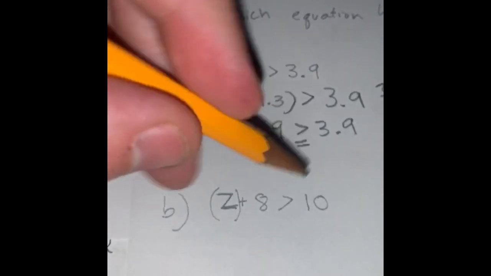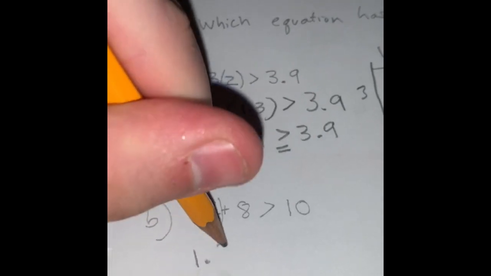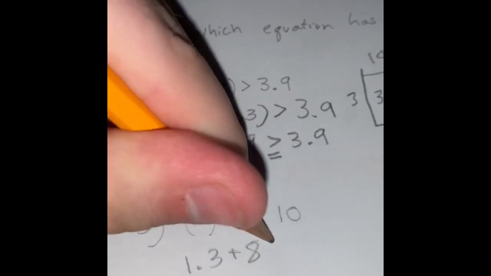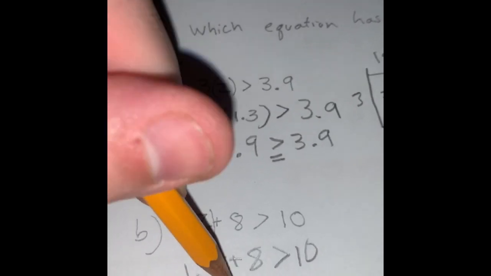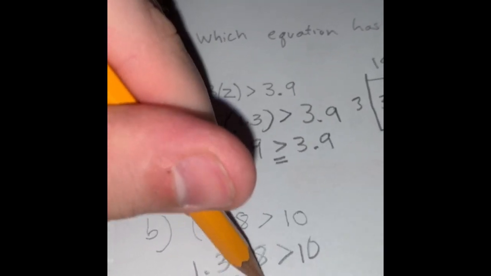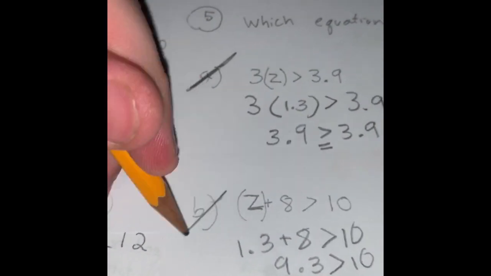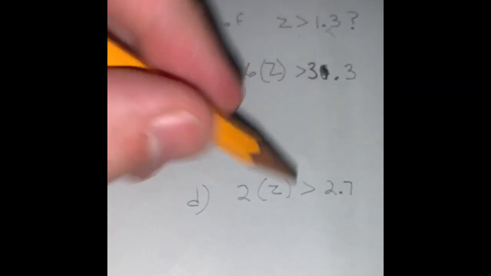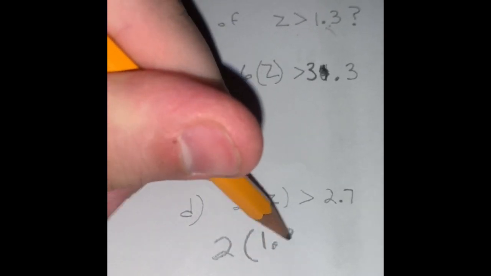So now we're going to go on to B. And once again, we're going to replace z with 1.3 plus 8 is greater than 10. So 1.3 plus 8 will end up giving us 9.3 is greater than 10, which is not true. So B is also incorrect. On answer choice D, once again, I'm going to replace z with 1.3.